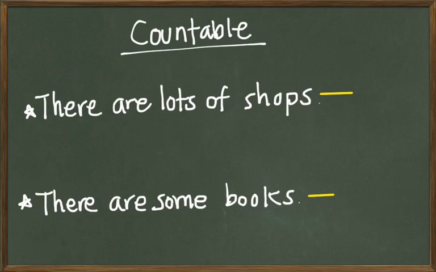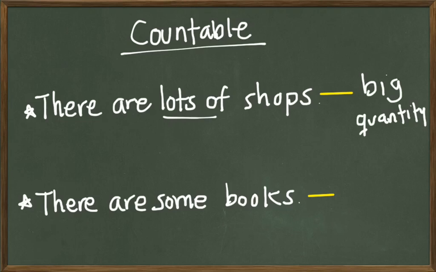Okay, there's one example here for countable nouns. Example number 1. There are lots of shops. In this case, I am expressing a big quantity. And in the second example, there are some books. I am expressing a small quantity.